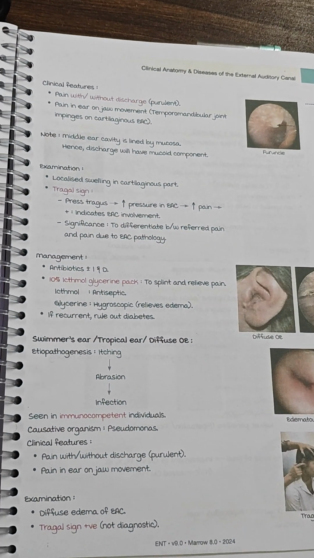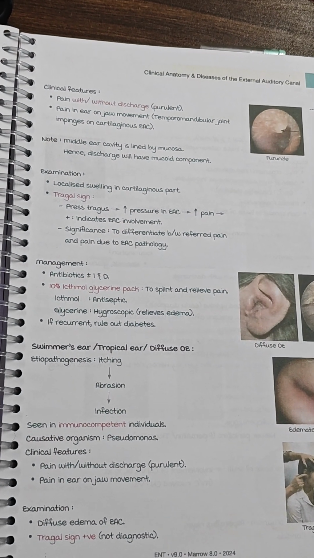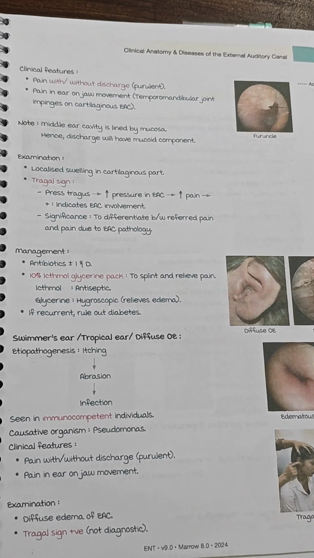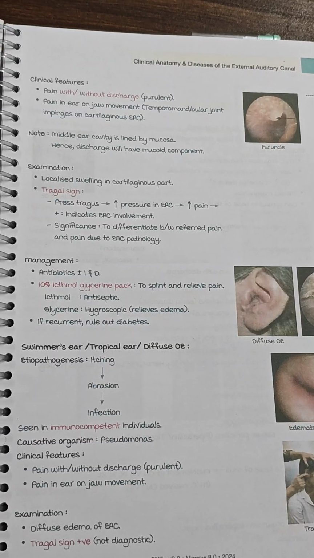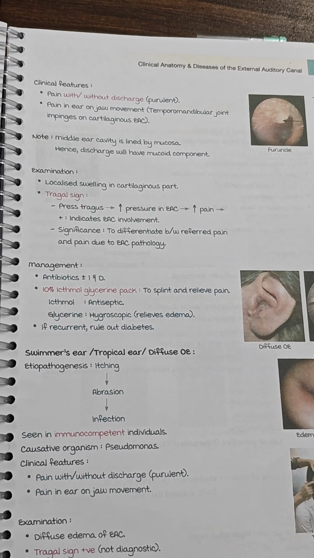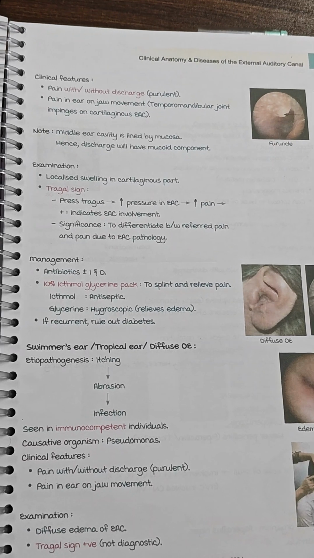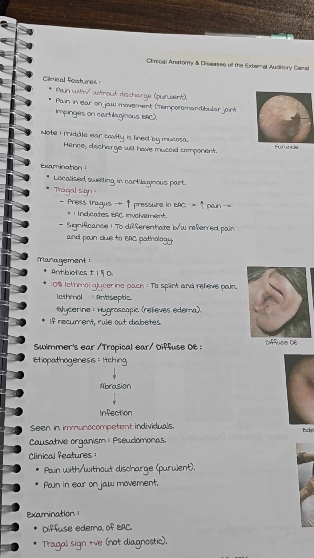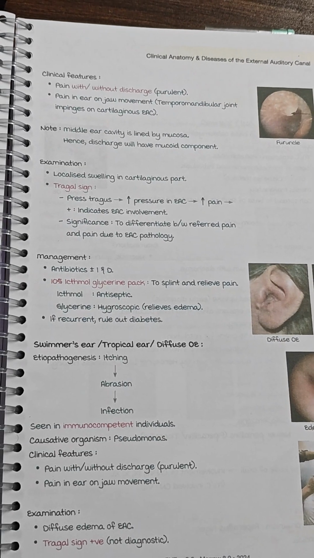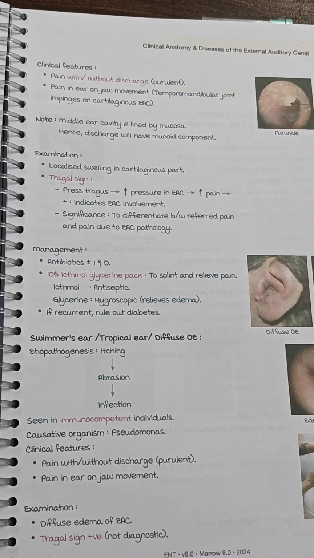How can we examine it? There is a tragal sign: we press the tragus, which increases the pressure in the external auditory canal, and there will be a significant increase in pain, which indicates involvement of the external auditory canal.